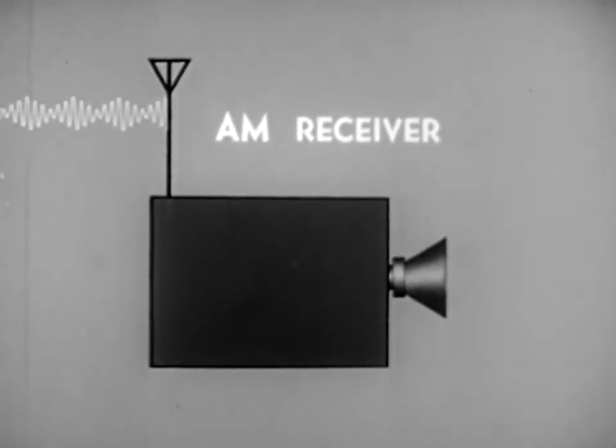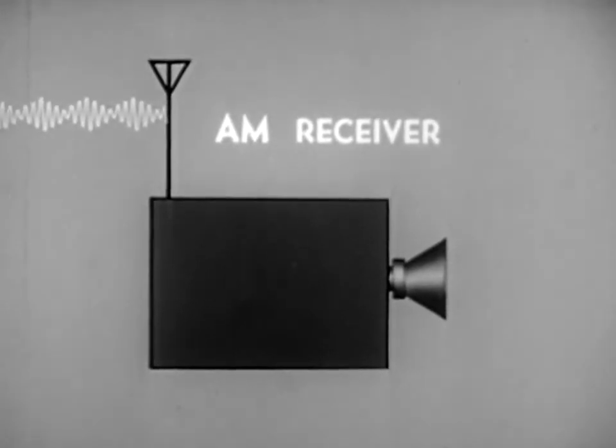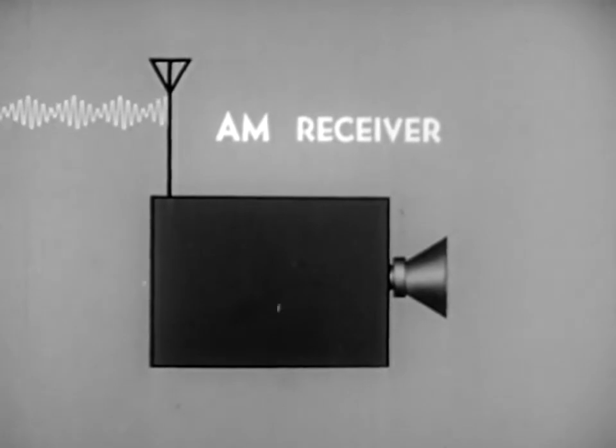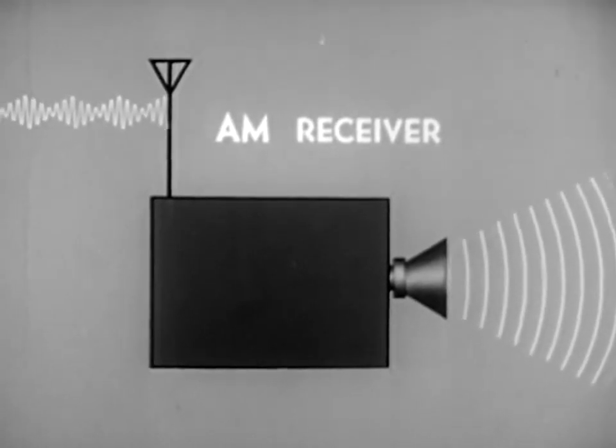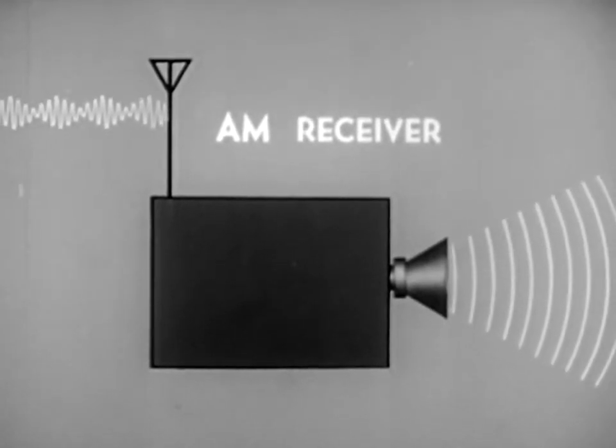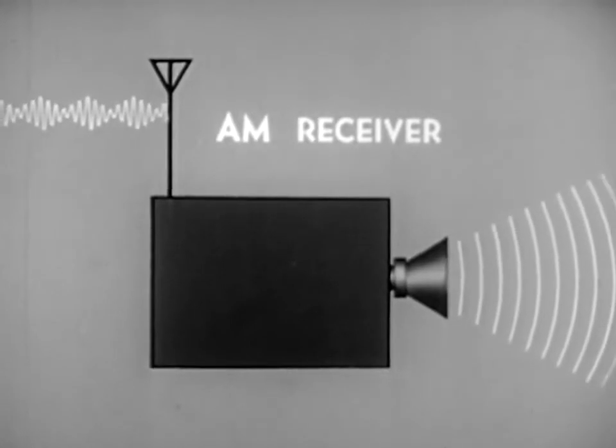The receiver extracts the intelligence carried by the RF, transforms it back to an audio signal, amplifies it, and feeds it to the speaker. It emerges from the speaker as sound waves, which can be heard and understood by the human ear, unless the intelligence is smothered by interference.